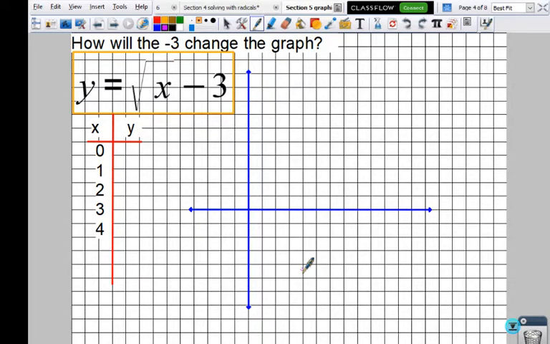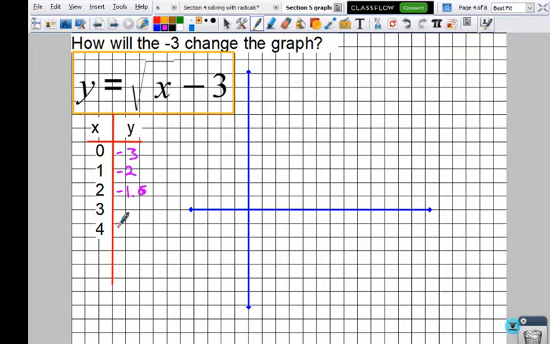Luis, what'd you get when you plugged in 0? Negative 3, right? Alright, Lily, what'd you get when you plugged in 1? Negative 2. Beto, what'd you get when you plugged in 2? Negative 1.6, round it. Alright, Moses, what'd you get when you plugged in 3? Negative 1.3.